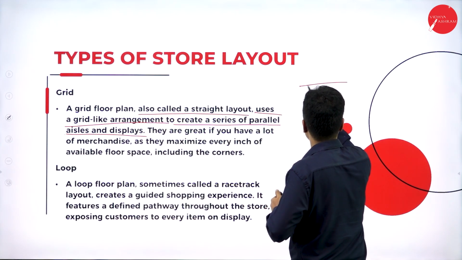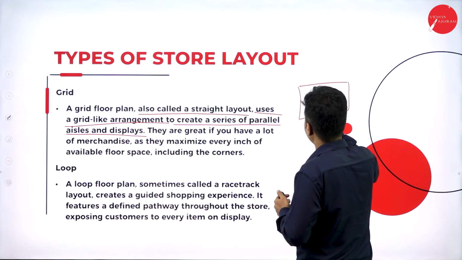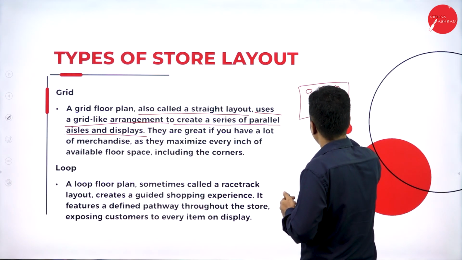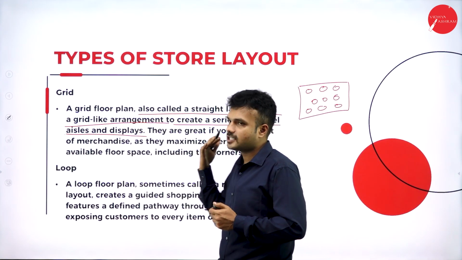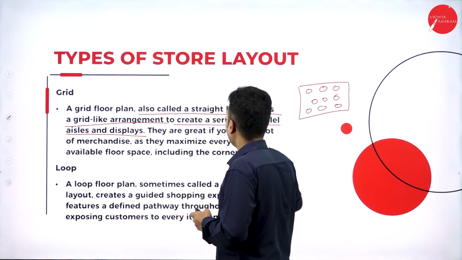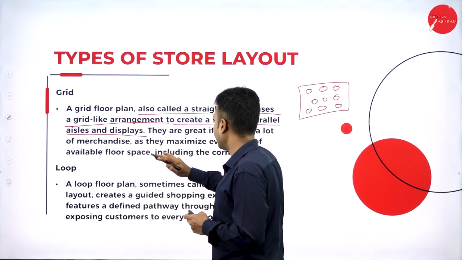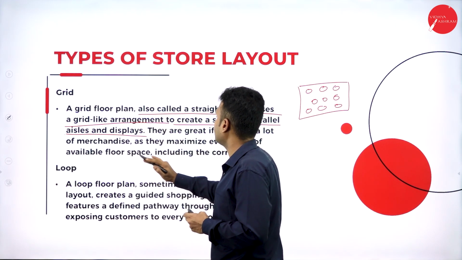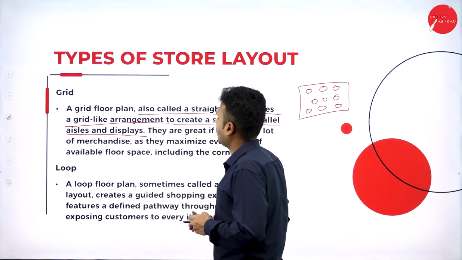Say for an example, this is an outlet. This grid way means he is going to place the products in different kinds of ways, so that it is very beneficial for the customers to make a purchase decision. They are great if you have a lot of merchandise, as they maximize every inch of the available floor space, including the corners.